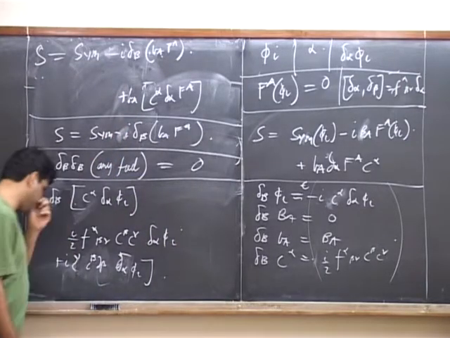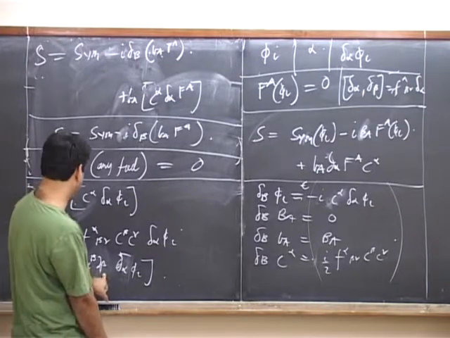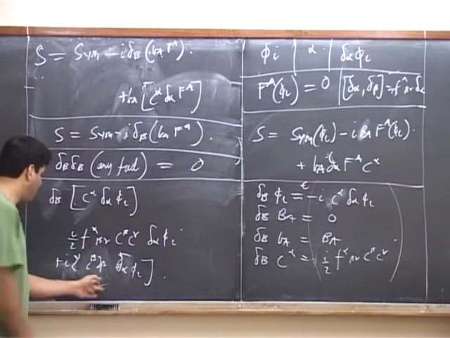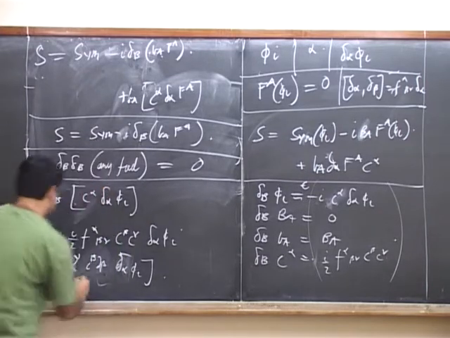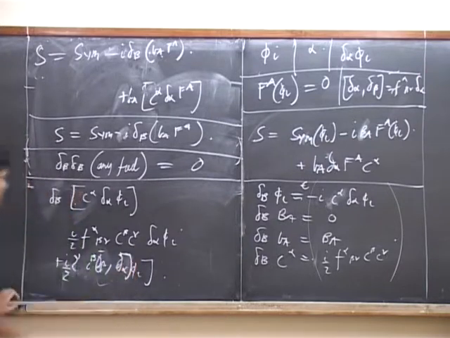Now the next step that I do is replace this by anti-commutator of delta beta with delta alpha. Then I get a factor of 2, so I can replace this by 2 times an anti-commutator of delta beta with delta alpha.